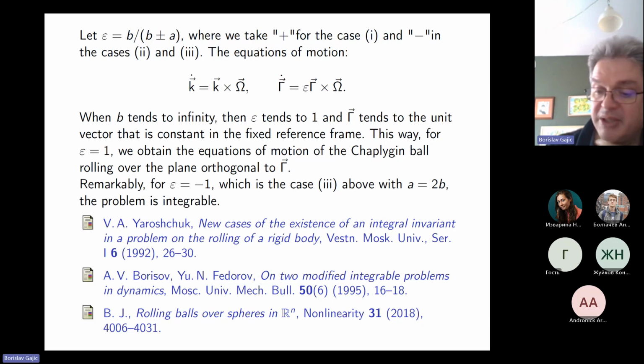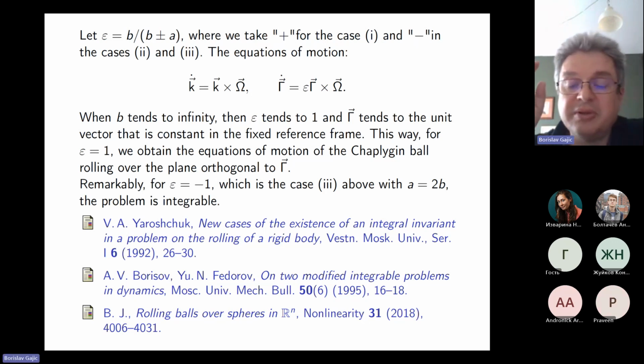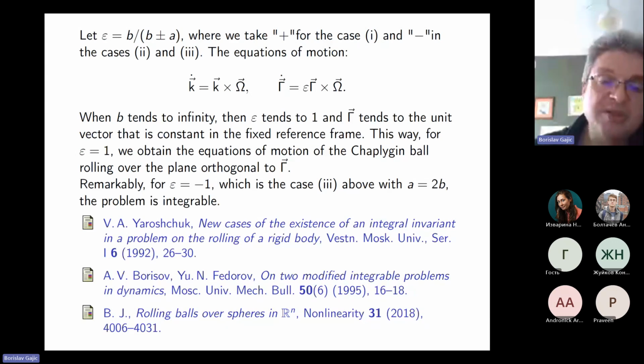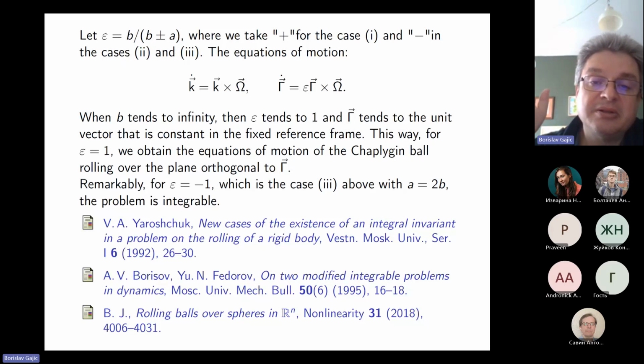So this is an integrable case. If we do not introduce gyroscopic terms and potential terms, these are the two models that are known to be integrable.